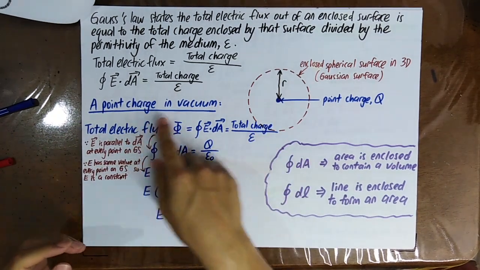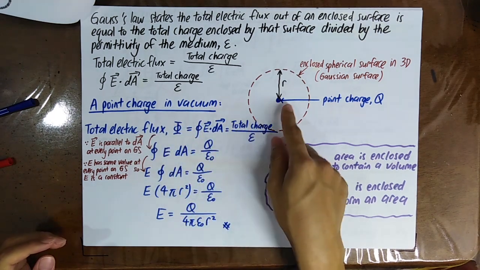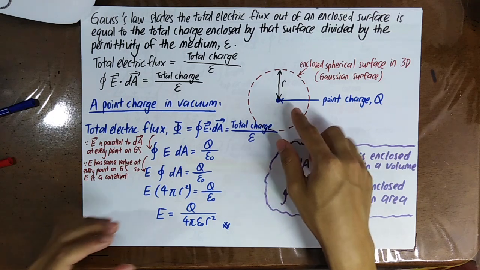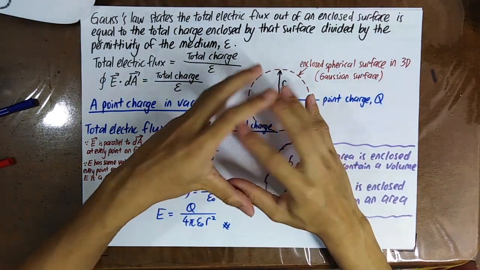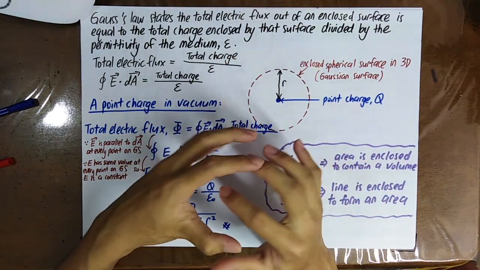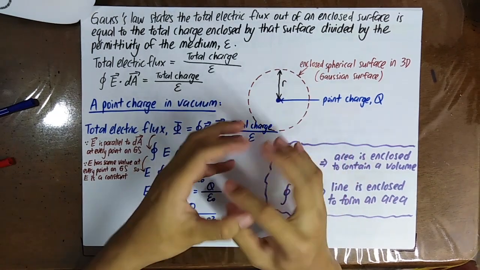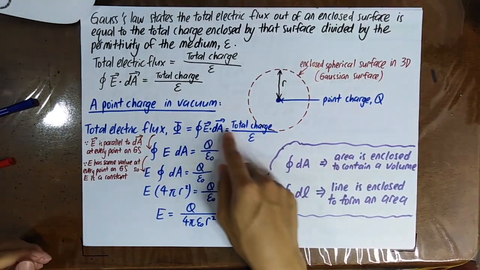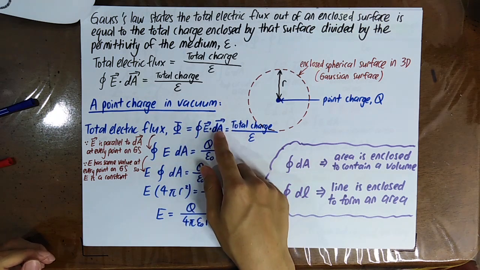So for example, let's say now you consider a point charge Q in the vacuum. You do an enclosed spherical surface, and then this spherical surface is enclosed. And then you are going to do this integration right now.